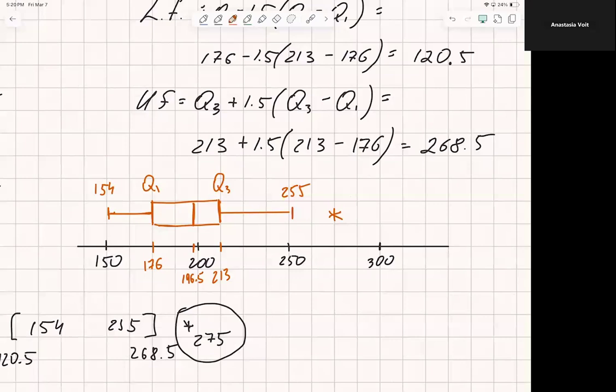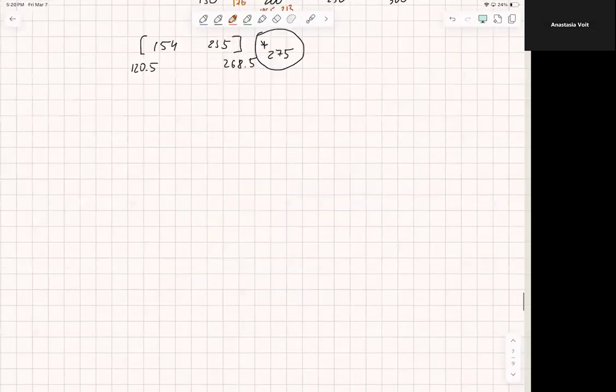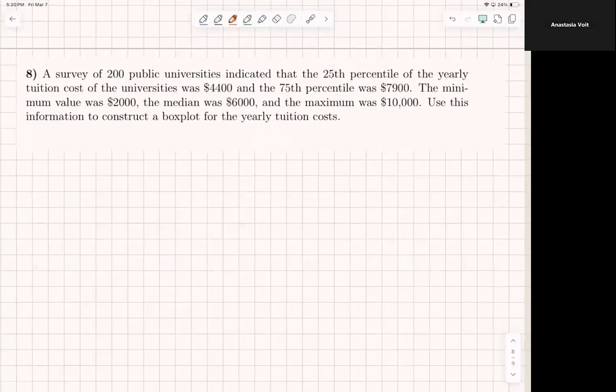Okay. And that is, oh no, I have one more question, right? A survey of 200 public universities indicated that the 25th percentile of the yearly tuition cost of the universities was 4,400.